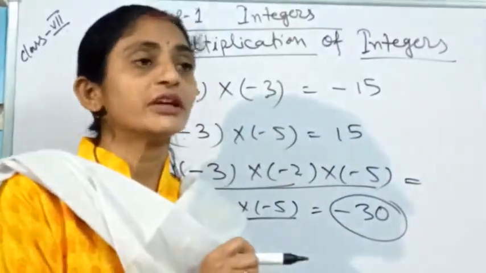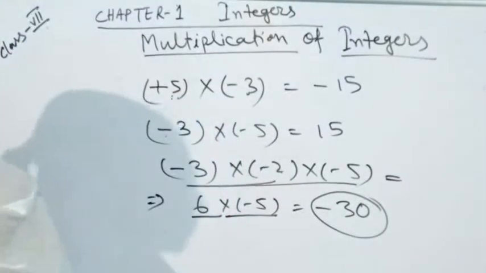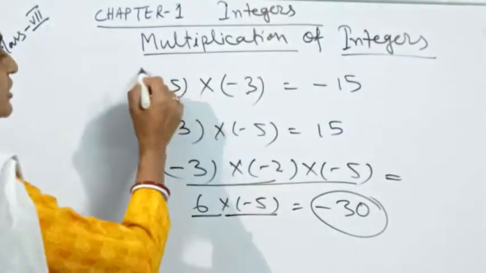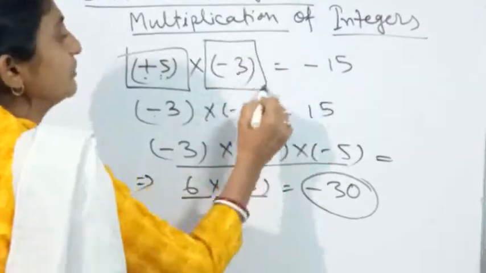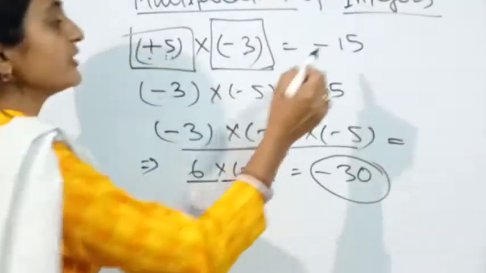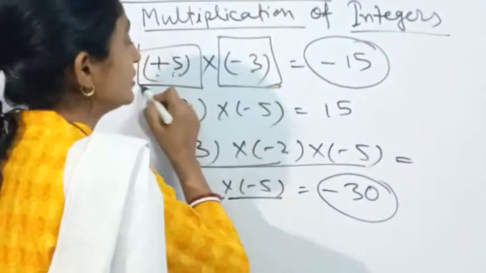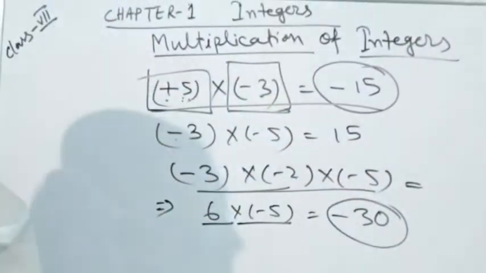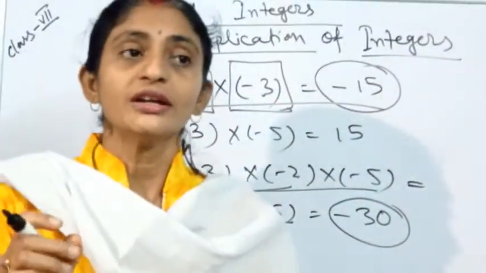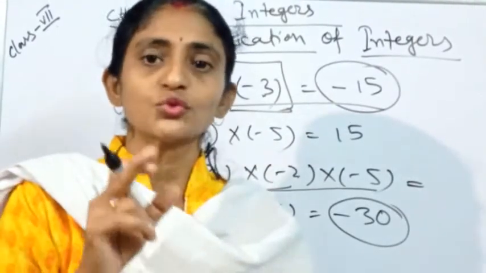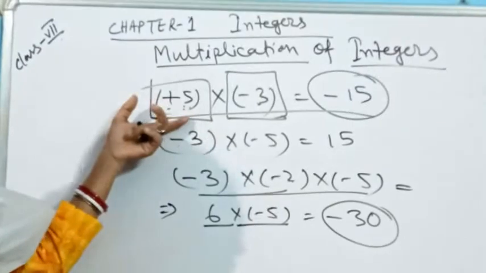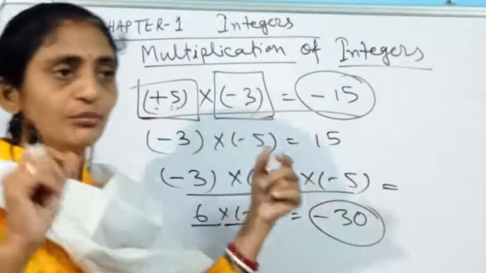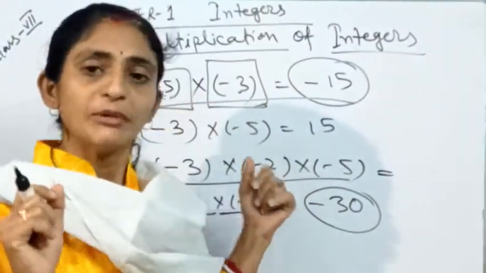So in the case of multiplication also, if we are multiplying two integers, here I have taken plus 5 and another one minus 3. The result whatever I am getting is also an integer. So this is called closure under multiplication. That is, integers are closed under multiplication.